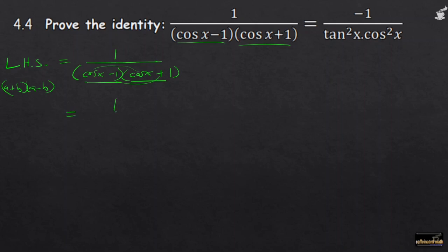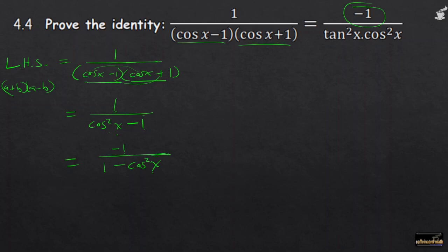So what will that be? That will be 1 over cosine squared x minus 1. Now if we have a look here on top, in terms of what we need, taking out the negative 1 at the bottom is going to be advantageous. So we'll end up with minus 1, and that gives us the right to switch this. Well, why do I want to do that?